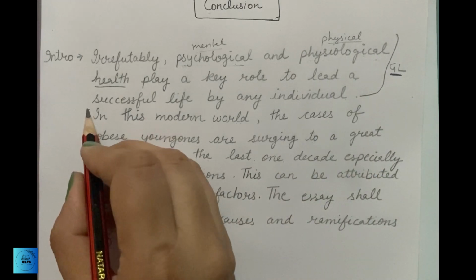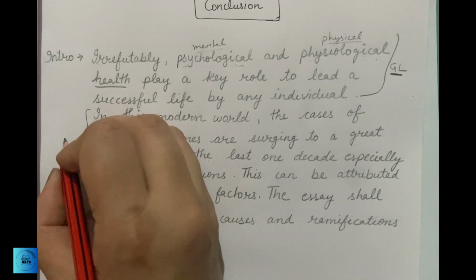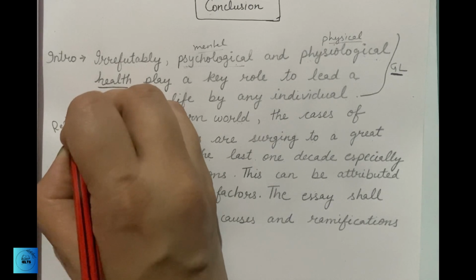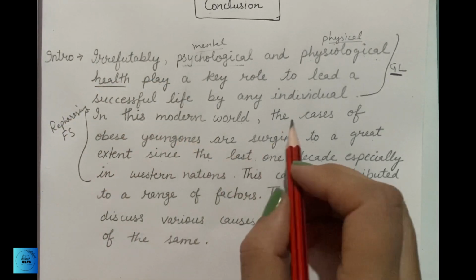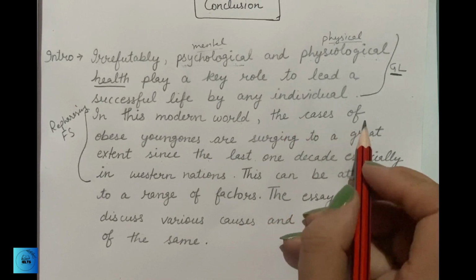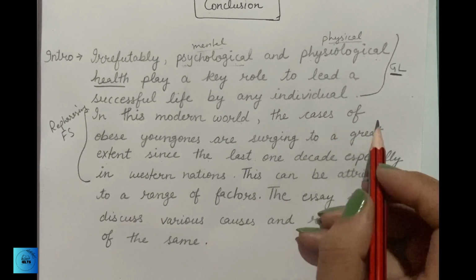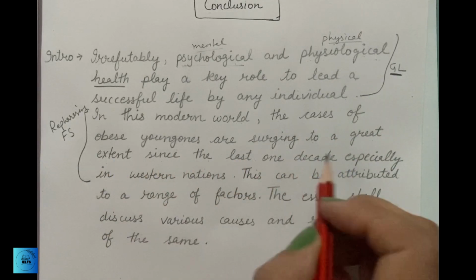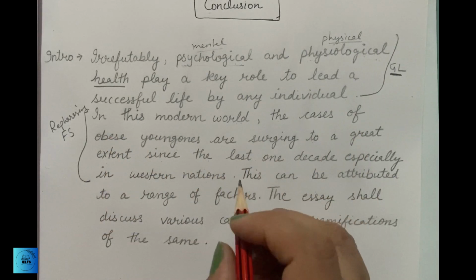I have done nothing but rephrase the factual statement. This is called rephrasing. I have only used synonyms. Cases of obese young ones, while in the question it was written percentage of overweight children. So I have just used synonyms, and my entire sentence makes sense.